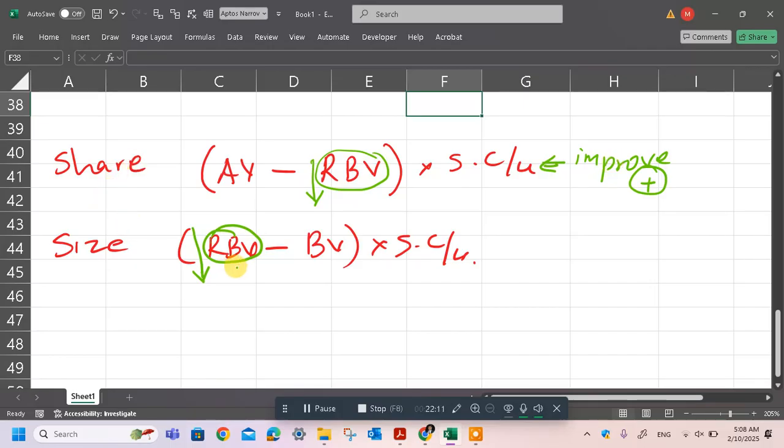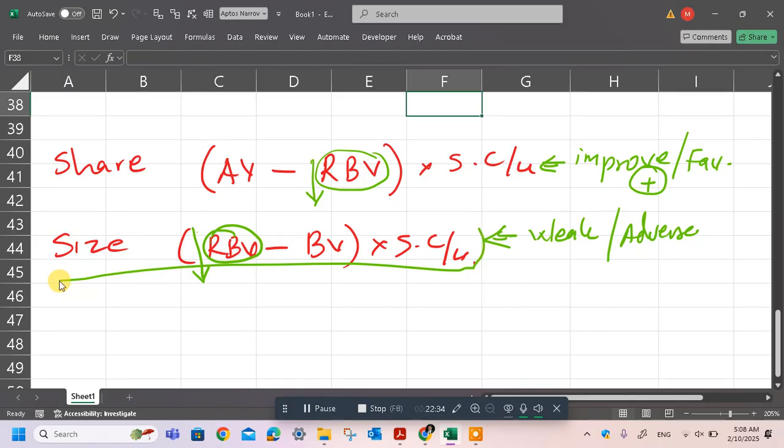Whereas market size variance, when this is smaller, imagine the first figure is smaller, means it will become negative. So, it will become weaker or lower. It will become adverse. But remember, market size variance, what do we say about market size variance?